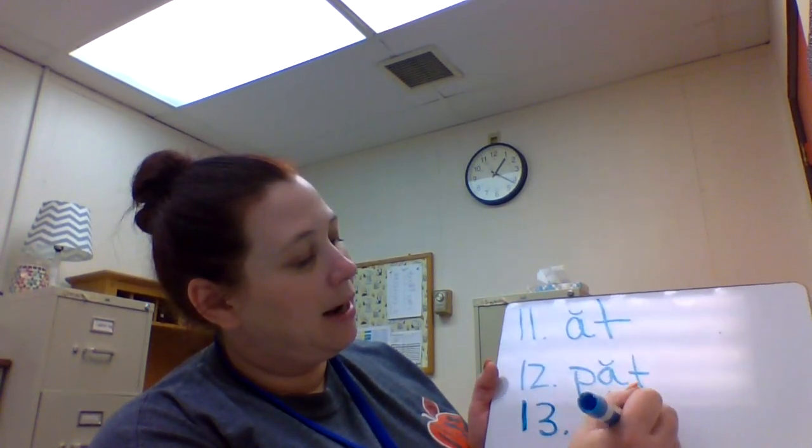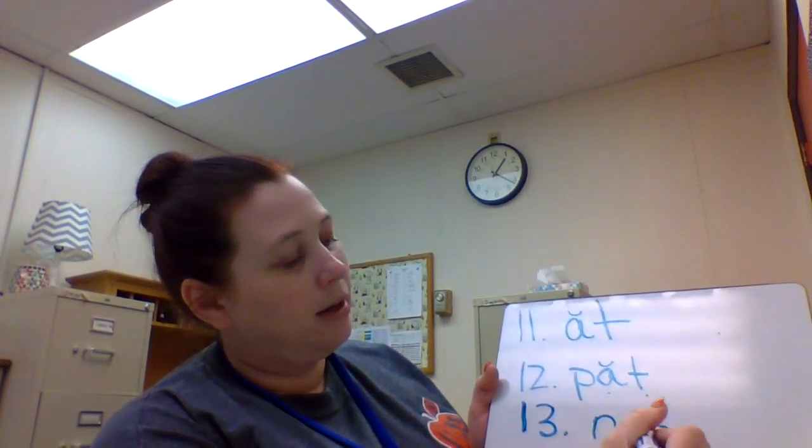On number 12, again, we have vowel consonant, so it gets the brev. P, at, p, at. We're going to sound out each of those and then blend it together. Pat. And number 13, nap. Again, we have just vowel consonant, so that gets the brev.